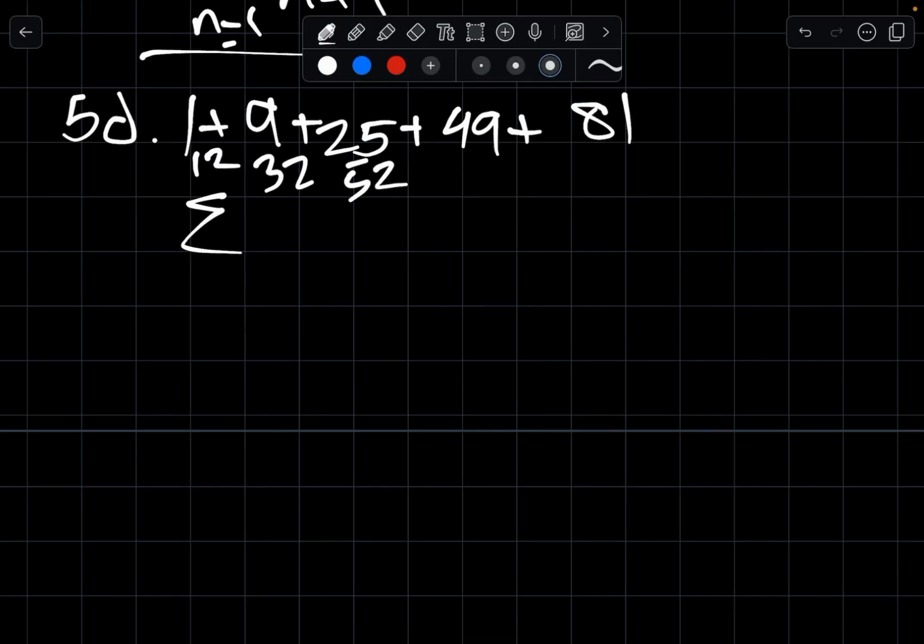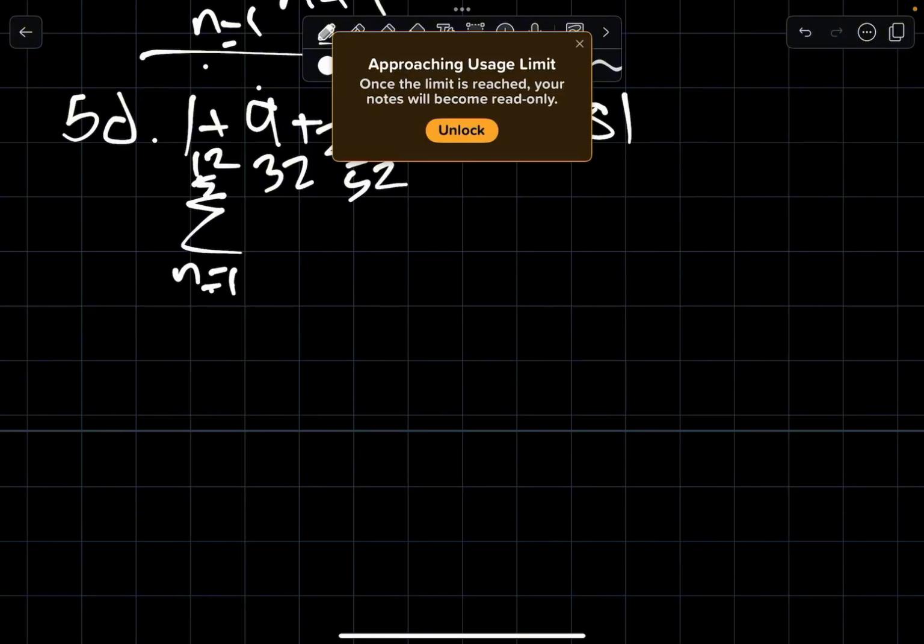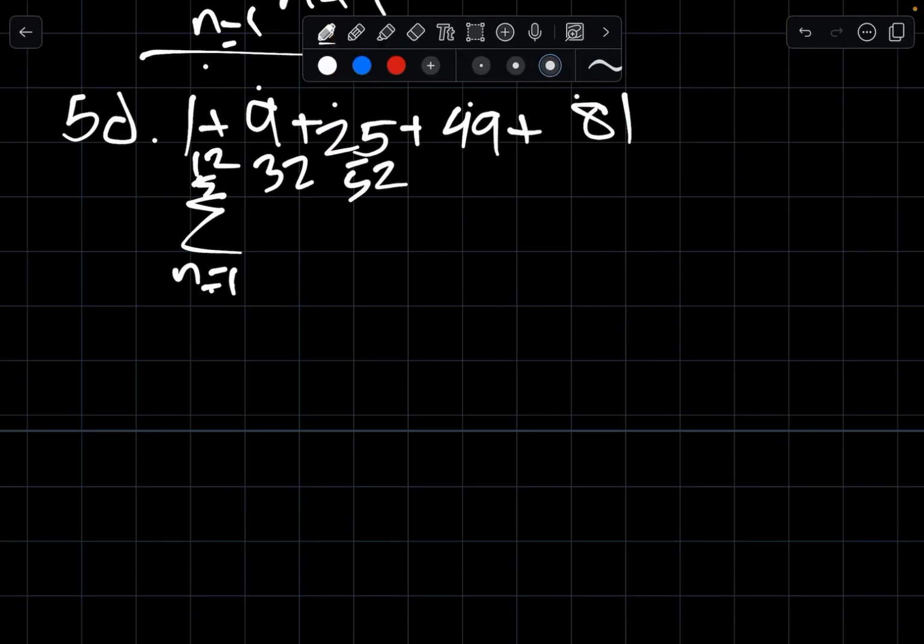And after counting the terms, 1, 2, 3, 4, 5, and n equals 1. Since we know our equation for odd numbers is going to be 2n minus 1, in this case, since we do start with 1 squared, that is our solution.